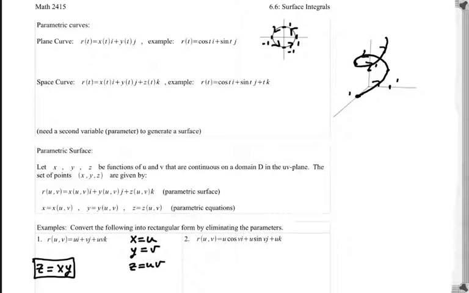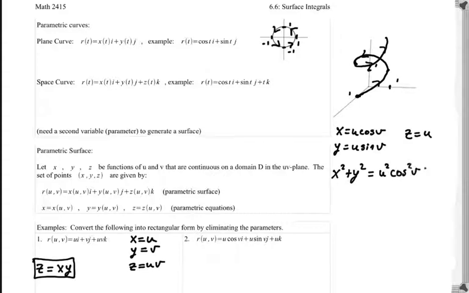Okay, so if we look at the second one, we have r of u, v is equal to u cosine v i plus u sine v j plus u k. So here our x is equal to u cosine v, y is equal to u sine v, and z is equal to u. If we use x squared plus y squared, that's going to get the Pythagorean identity here. So u squared cosine squared v plus u squared sine squared v.